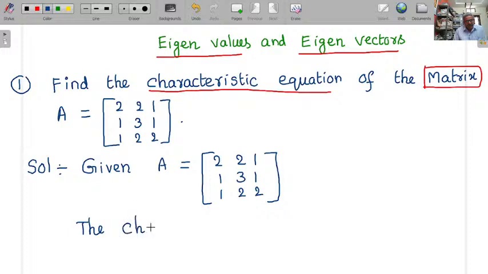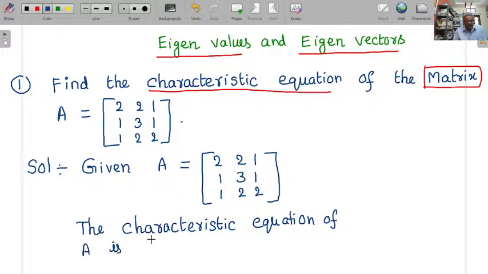The characteristic equation of the matrix A is modulus of A minus lambda I equals 0, where I stands for the unit matrix, that is also a 3 by 3 unit matrix.